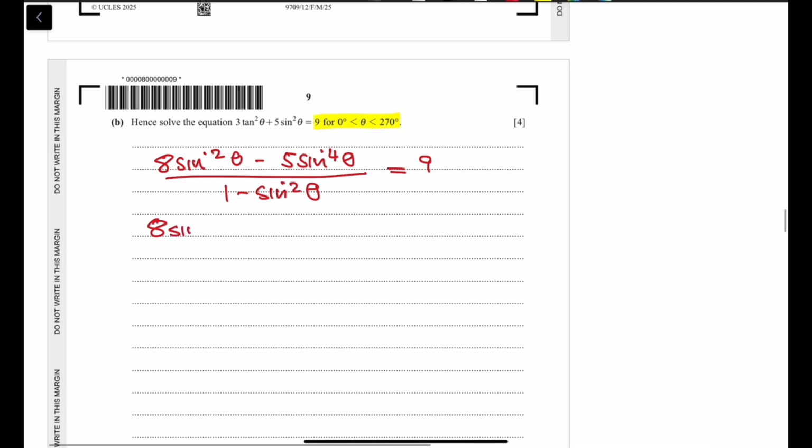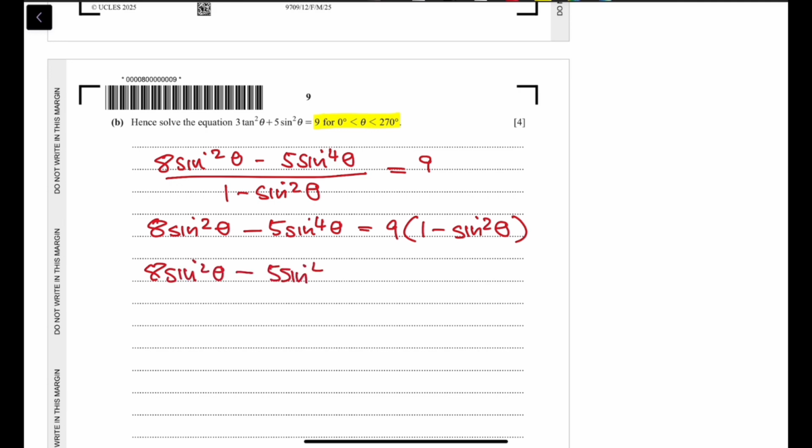So 8 sine squared theta minus 5 sine to the power 4 theta equals 9 times 1 minus sine squared theta. Again, I'm just going to expand that out, which equals 9 minus 9 sine squared theta.